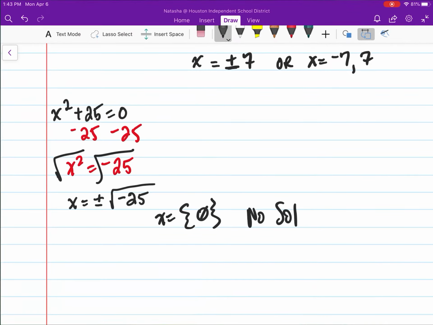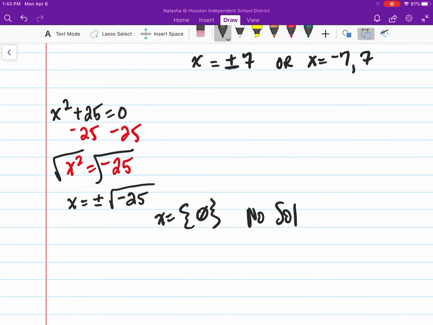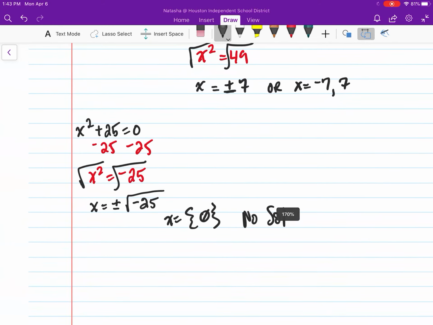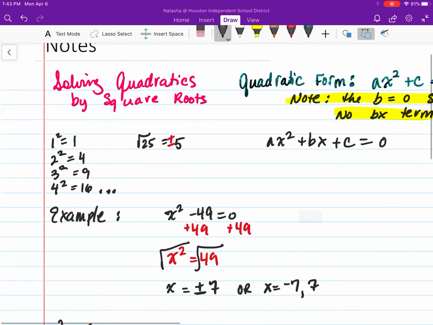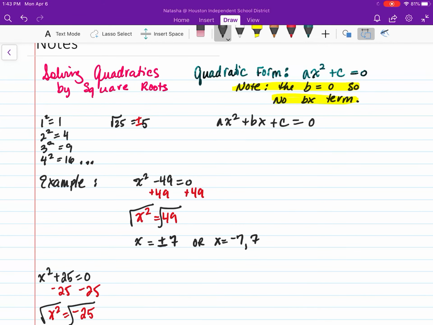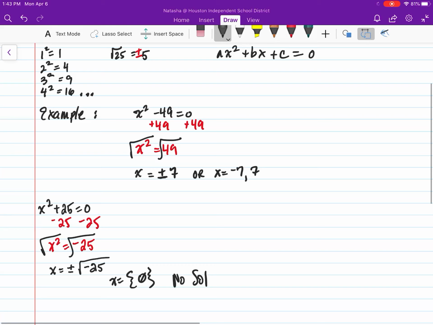So that's why there's no solution to this quadratic equation in the real number system, because our quadratic equation won't cross it. All right, hopefully that helps you on answering these questions when solving quadratics by square roots. If you have any questions, I'm going to probably do a couple more problems in the next video.